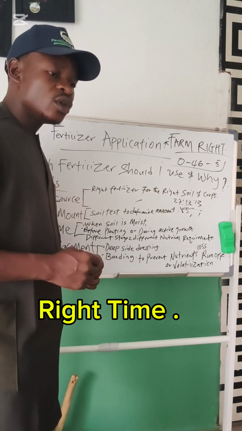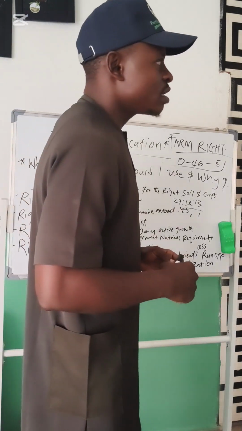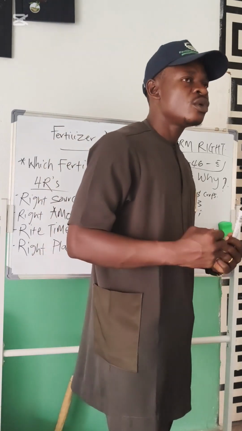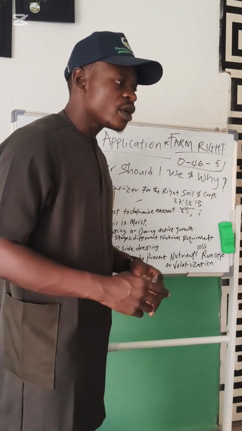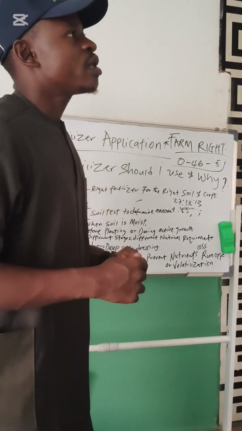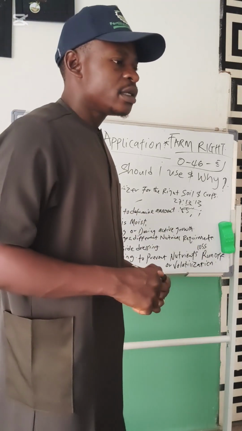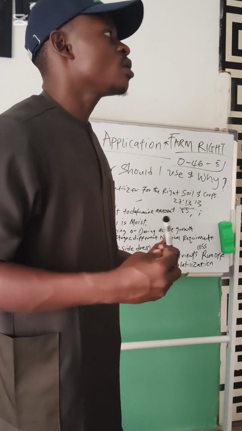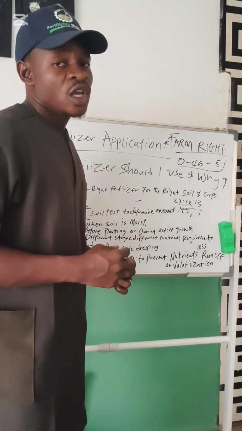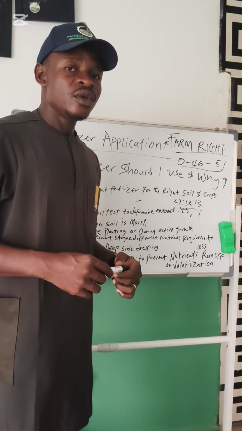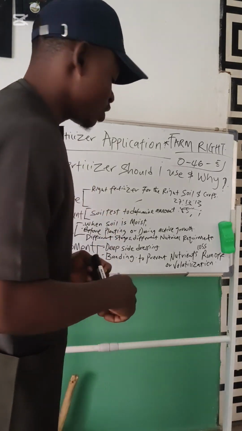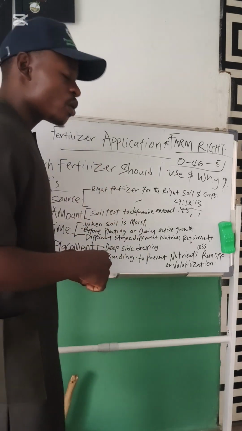Right time. It is best you apply your fertilizer when your soil is moist and when the temperature is cool, not just the soil, the temperature. Because sometimes it will rain and then the next thing you see, a heavy sun will come out. If you apply your fertilizer at that point, you should know that it will cause injury to your crops.